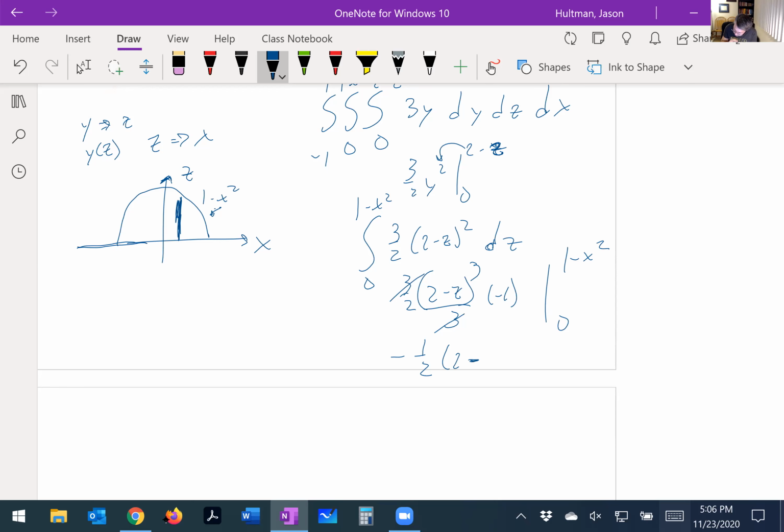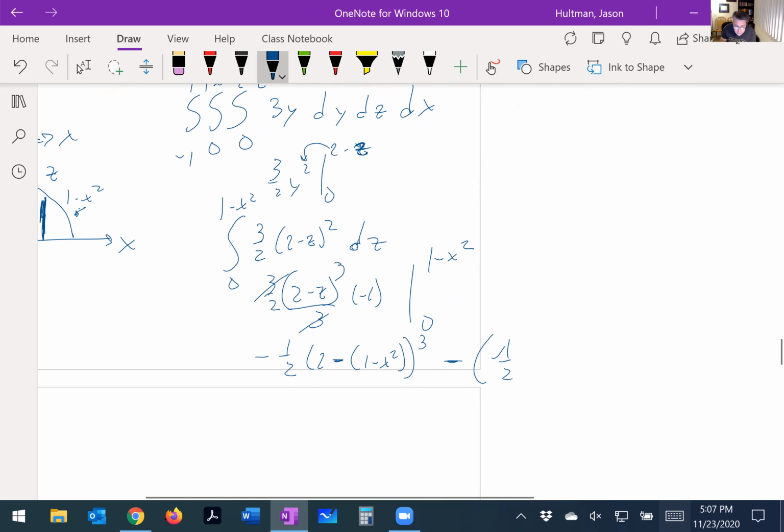Negative 1/2 times 2 minus 1 minus x squared, cubed, minus a negative 1/2 times 2 minus 0, cubed.